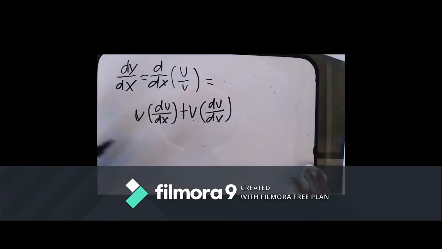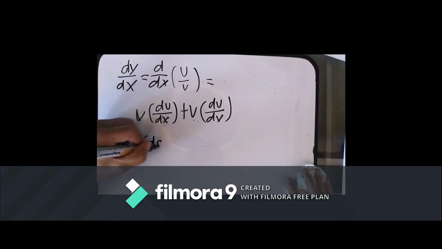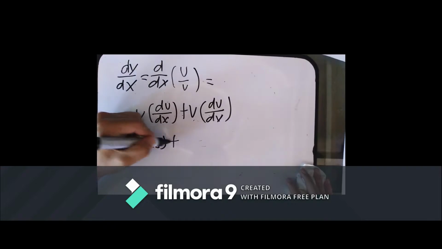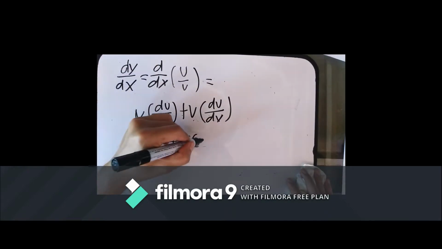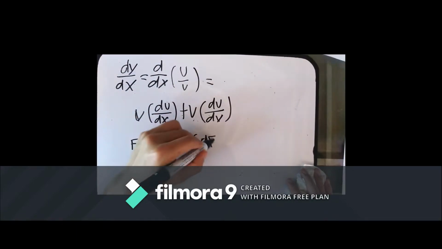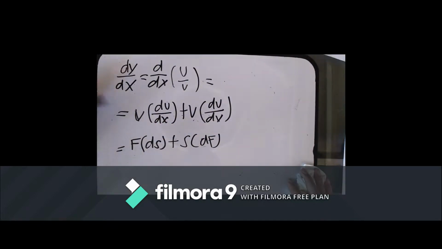Or you can solve it like this: first times derivative of second plus second times the derivative of first. So this is the formula.